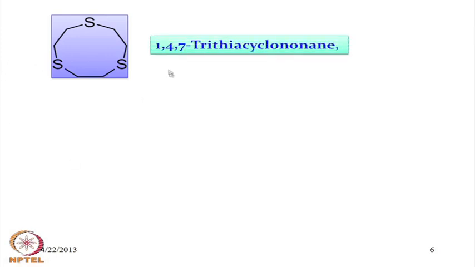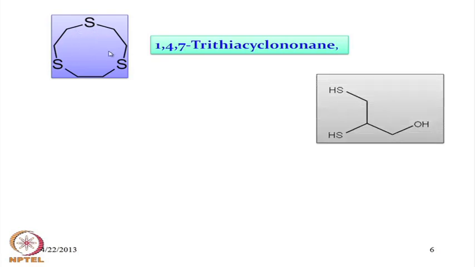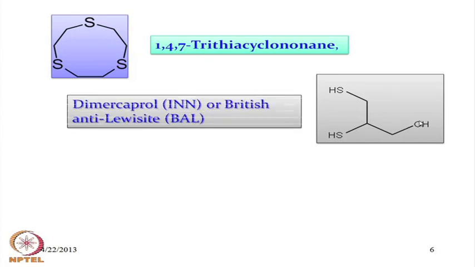So, this oxygen can also be substituted by sulfur, which gives rise to 1,4,7 Triazacyclononane, like that of our TACN molecule, where all the sulfur groups were occupied by NH functions. Then this is also a related ligand compared to this one, which is a cyclic one, but this is an acyclic one bearing 2 sulfur and 1 oxygen donor, which is well known for binding the heavy metal ions.